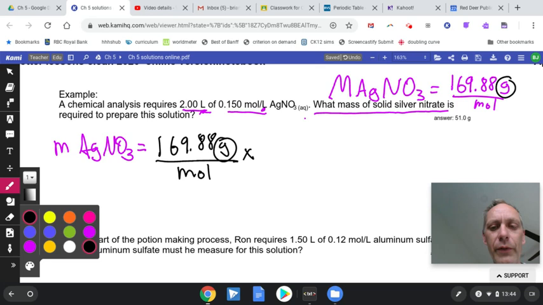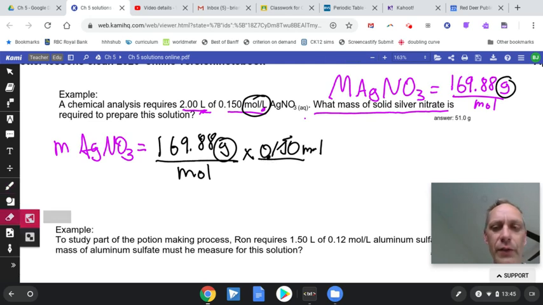Okay, I've got my grams. Let's get rid of the moles. I can get rid of the moles right there. 0.150 moles per liter.